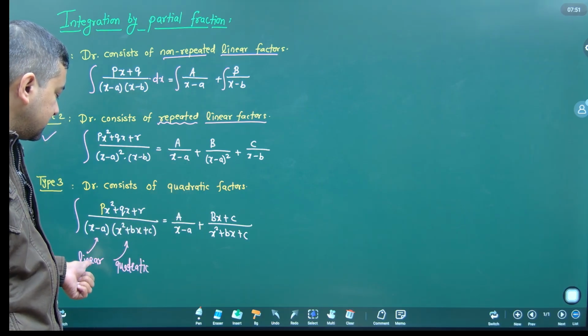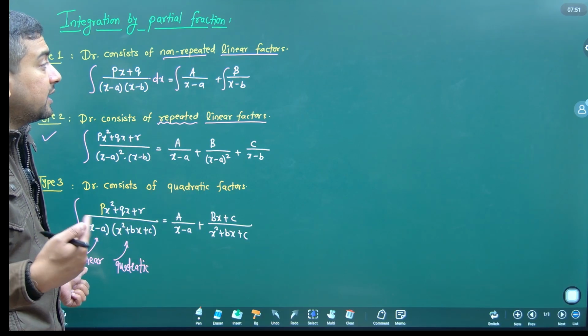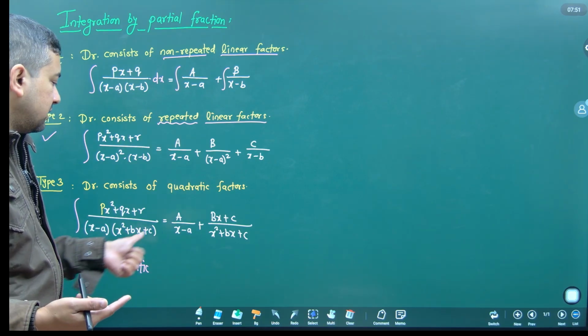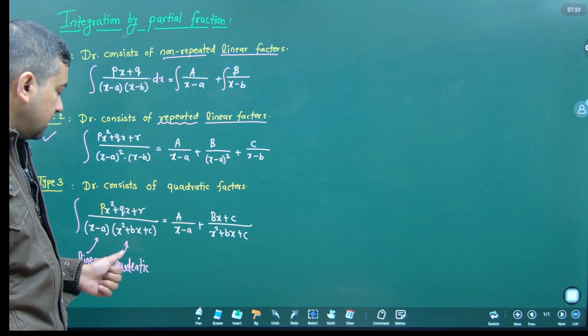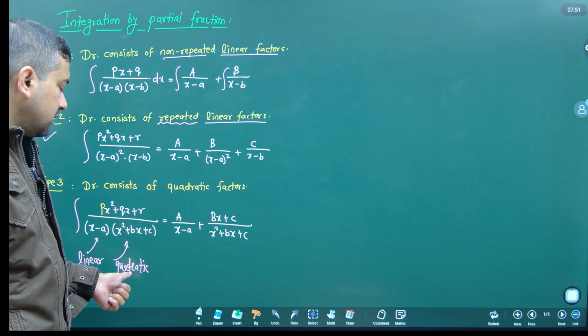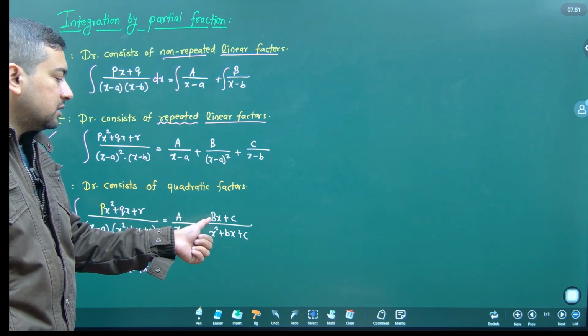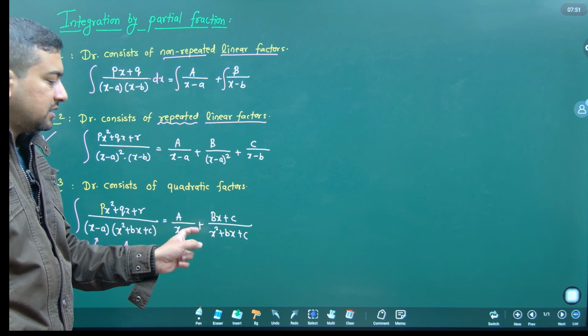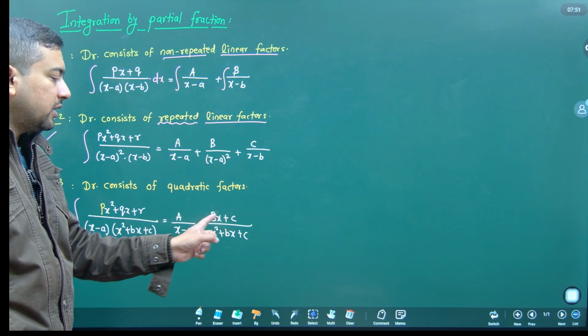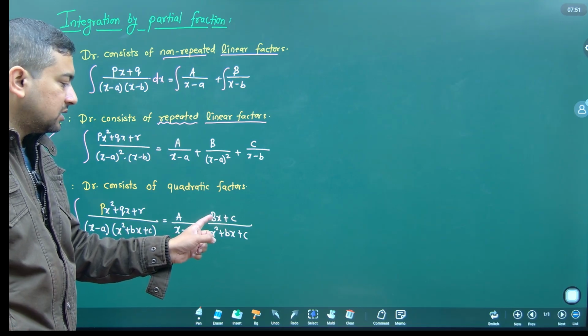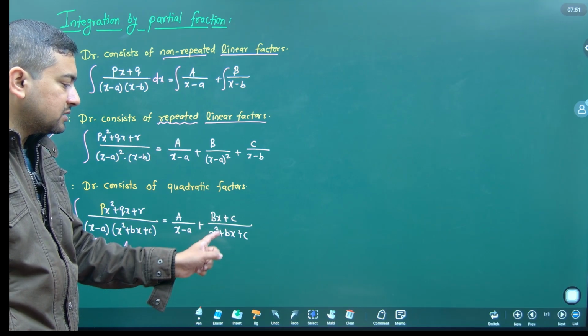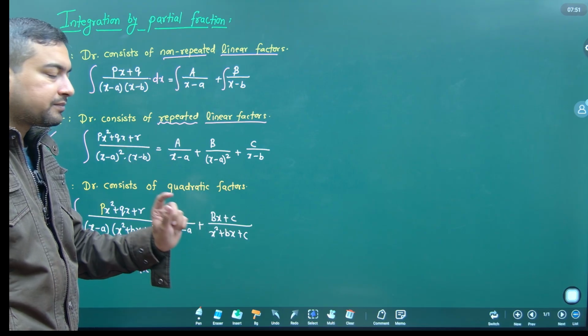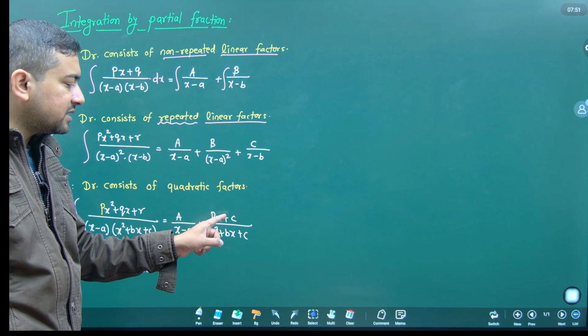X minus a is a non-repeated linear factor, so allot one constant to it. Now this is quadratic. Being quadratic, you allot Bx plus C upon x square plus bx plus c. See, why here Bx plus C?